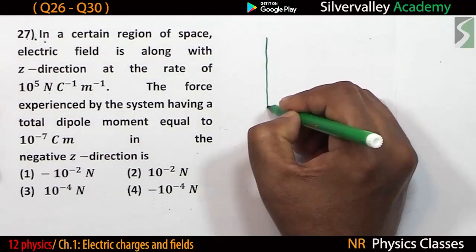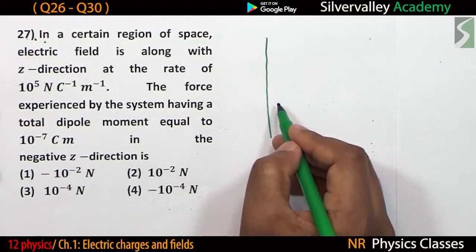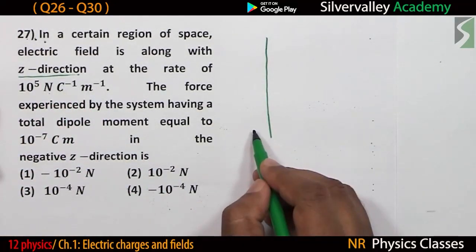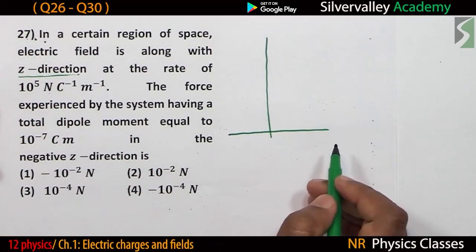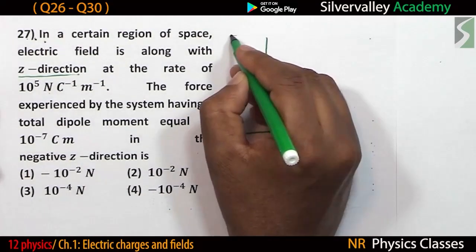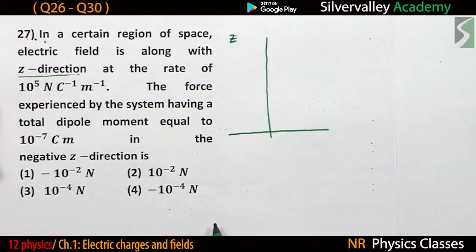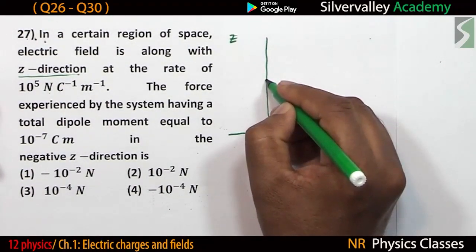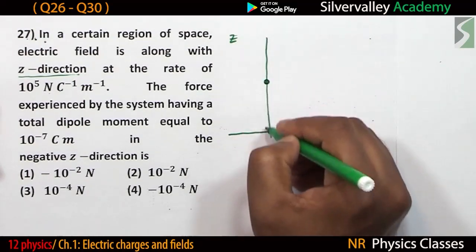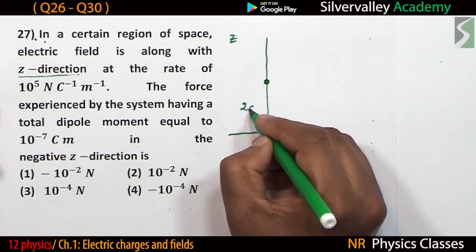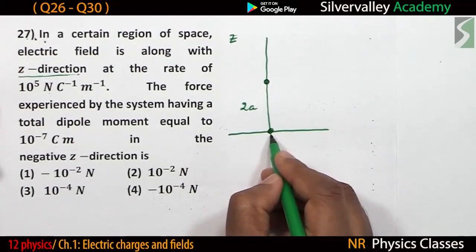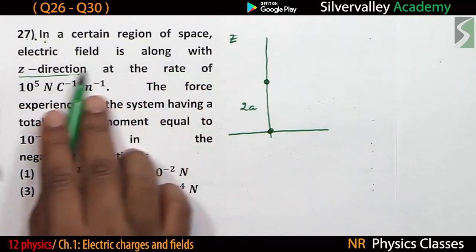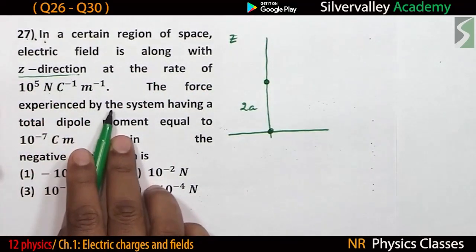This is the z axis, because it is mentioned z direction. Let me keep the dipole on the z axis. The distance between the charges is 2a. The electric field is along the z direction.